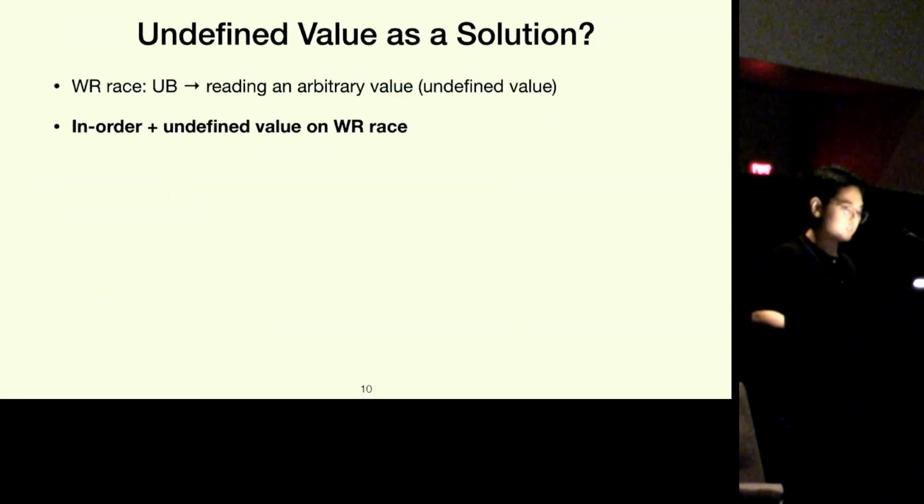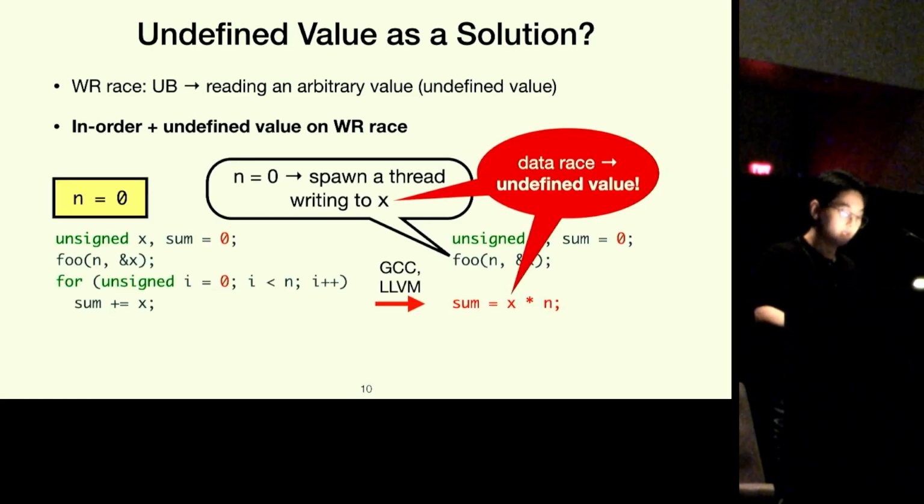To address this issue, the LLVM specification follows a natural idea. It considers a racy read to return an undefined value instead of invoking undefined behavior for the whole program. So let's consider an in-order model where a read returns an undefined value when it races with another write. Now, in the previous example, the racy read returns an undefined value without invoking undefined behavior.